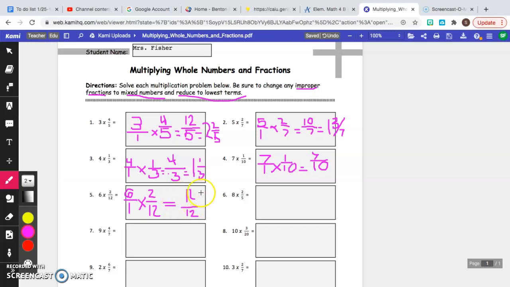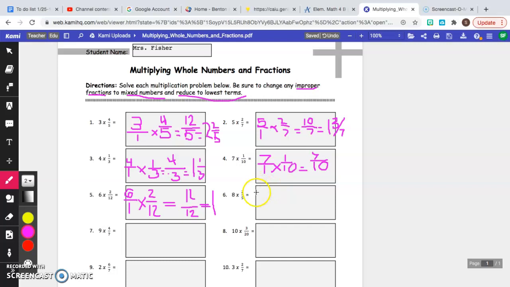Now, this numerator and denominator are both the same. When a fraction has the same numerator and denominator, it always equals 1. So again, I'll repeat that. The numerator and denominator are both the same numbers. It equals 1.